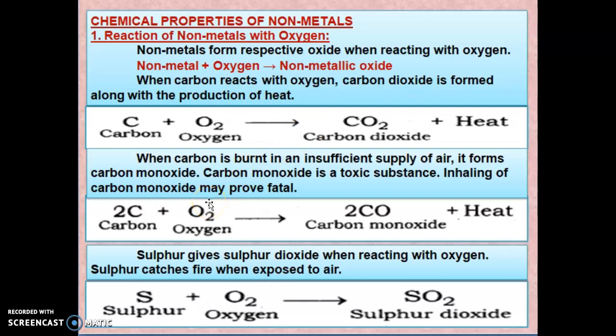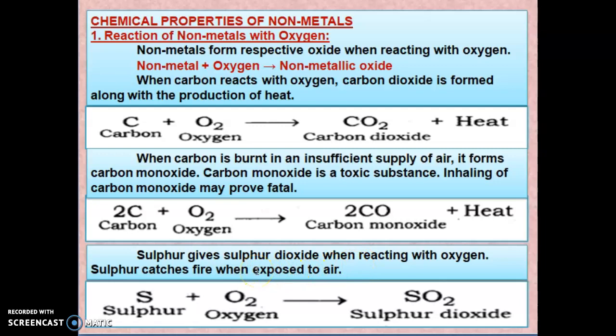When carbon burns in an insufficient supply of air, that is oxygen, we get carbon monoxide, a very toxic substance. So C plus O2 gives CO plus heat, and when we inhale this carbon monoxide, it may prove fatal.